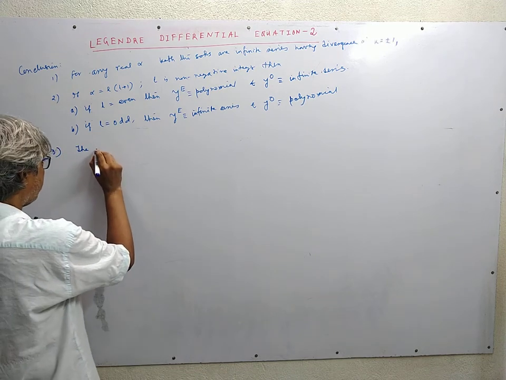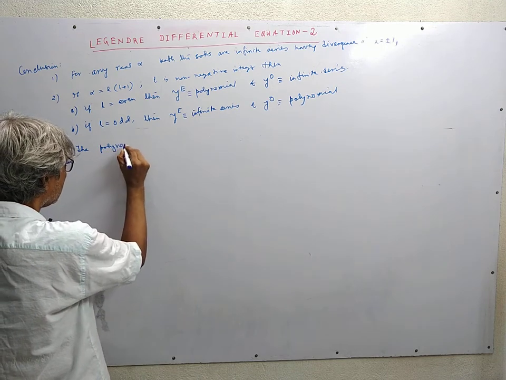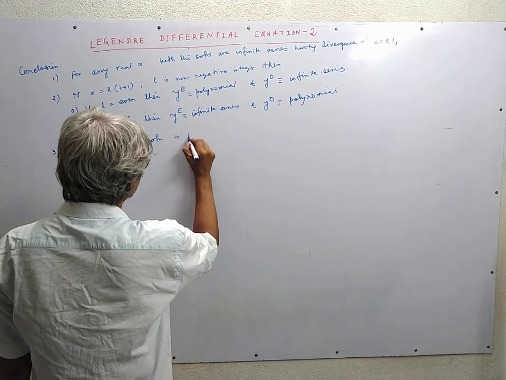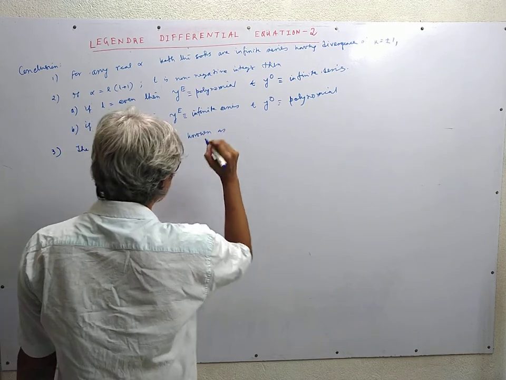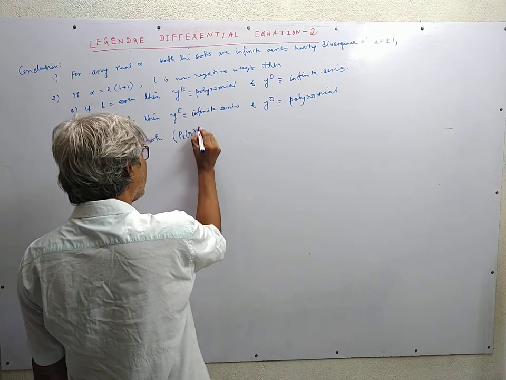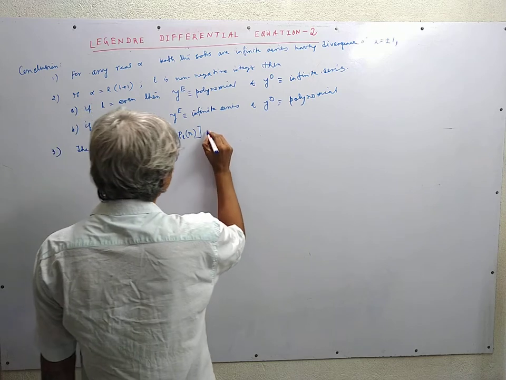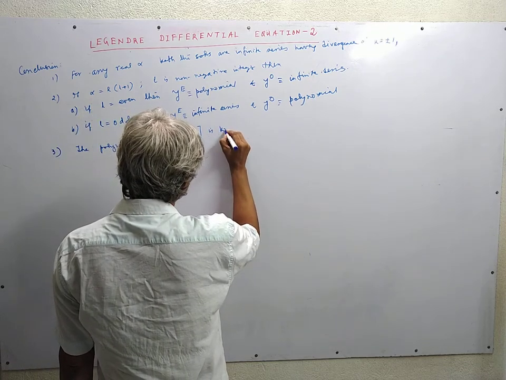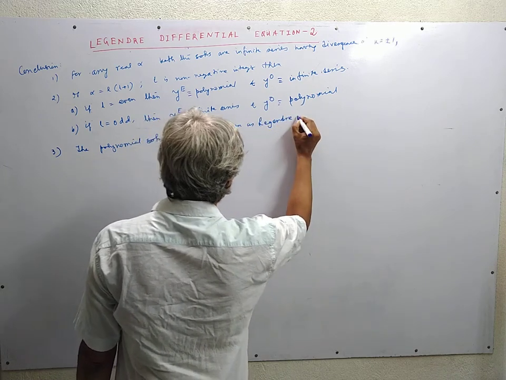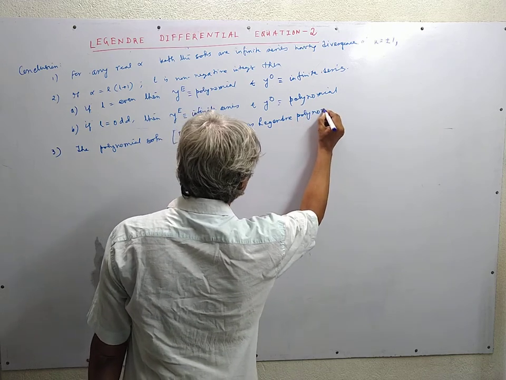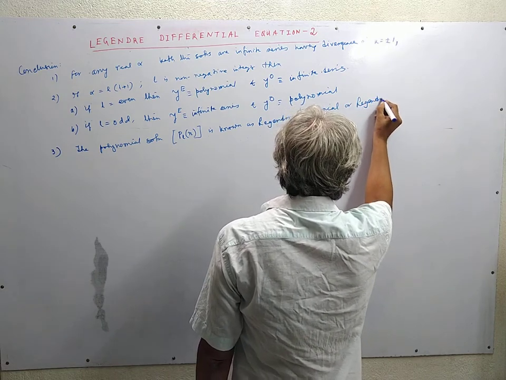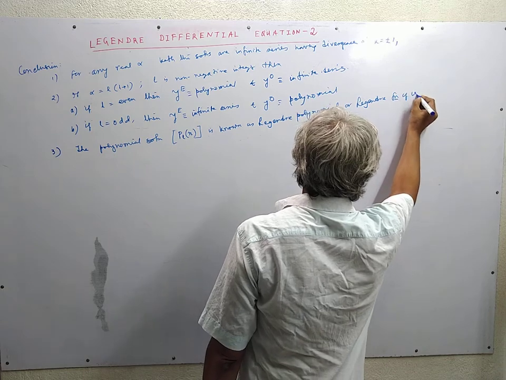The polynomial solution, which is generally denoted as PL of x, is known as Legendre polynomial or Legendre function of first kind.